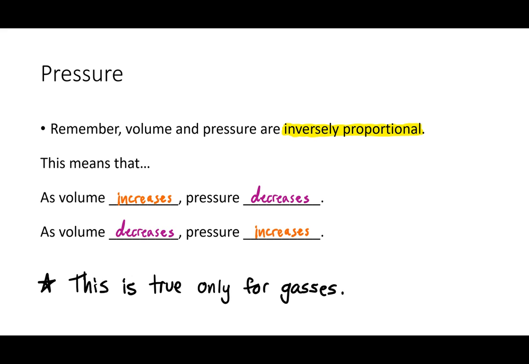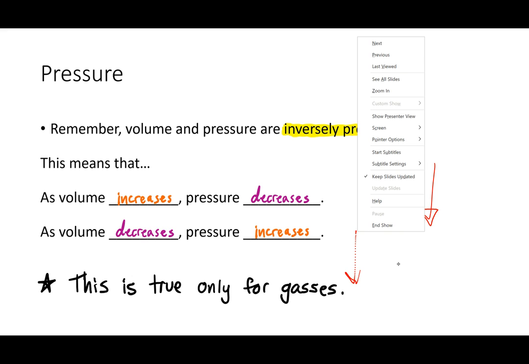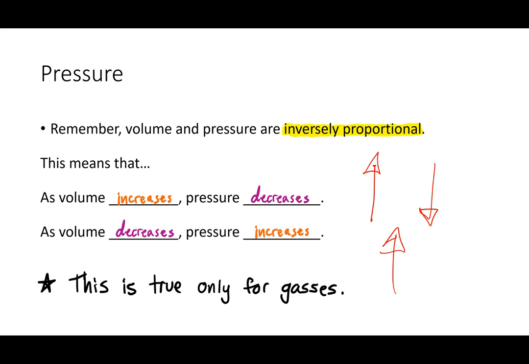And the last one is pressure. Remember, volume and pressure are inversely proportional. That means as volume increases, pressure decreases. They're inversely proportional. And as volume decreases, pressure increases.